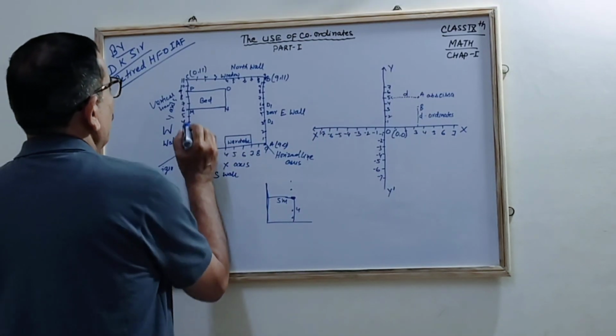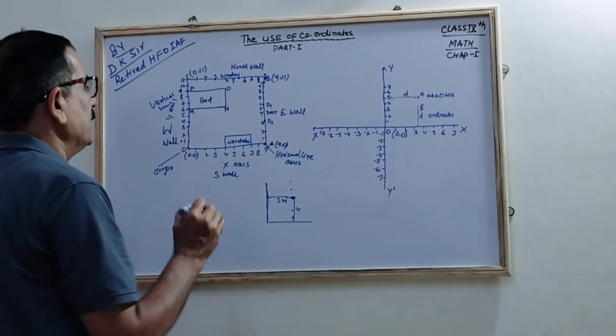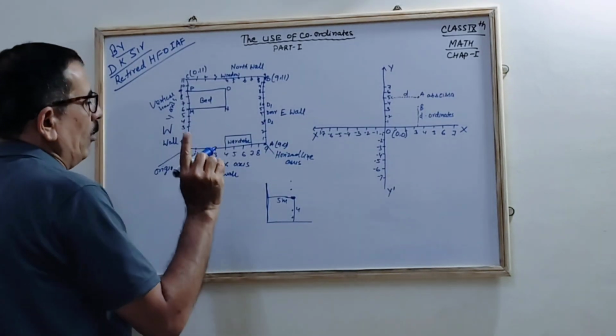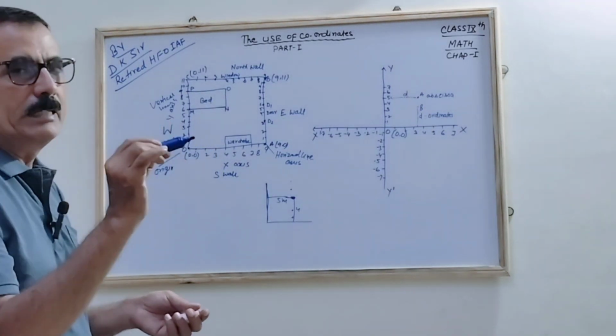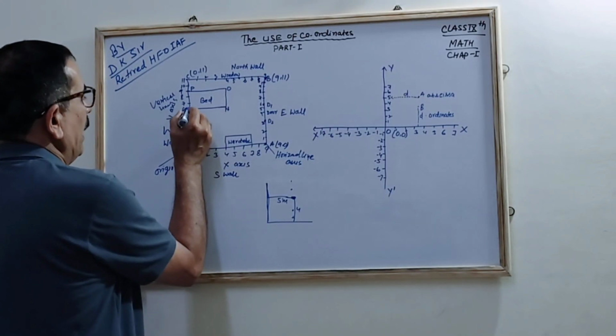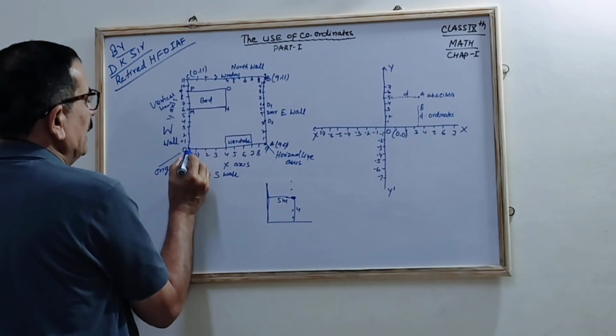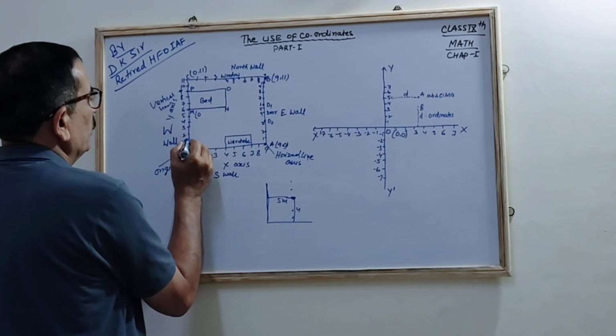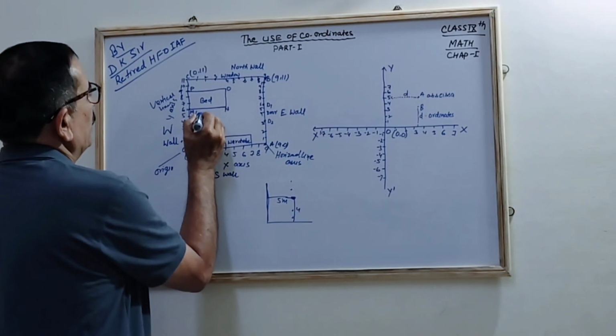Suppose M is there. The first point we will see is M. Can you see, on the y axis we have gone first? Always make the habit of going horizontal first. If you go horizontal, there is no way, you have to go to M. So the horizontal is 0 only. So it becomes 0, and when you go vertical, keep on counting, you reach 6.